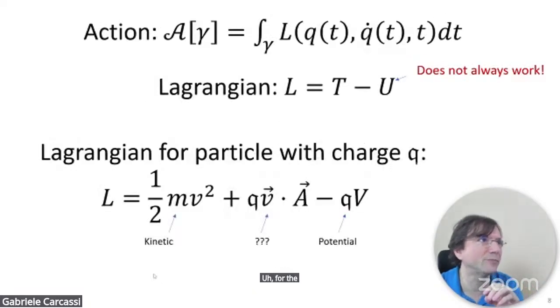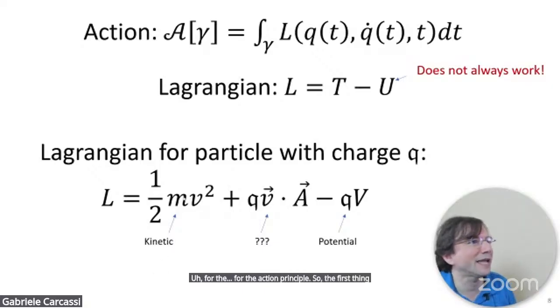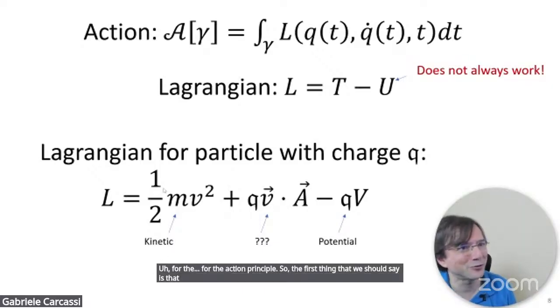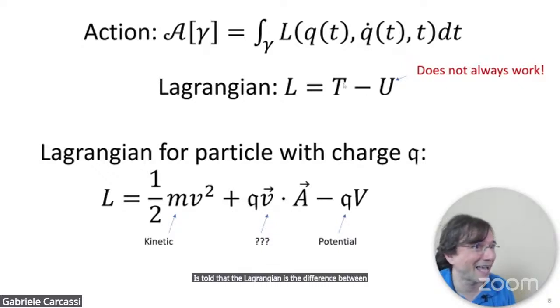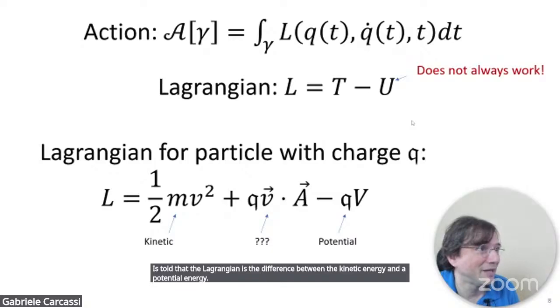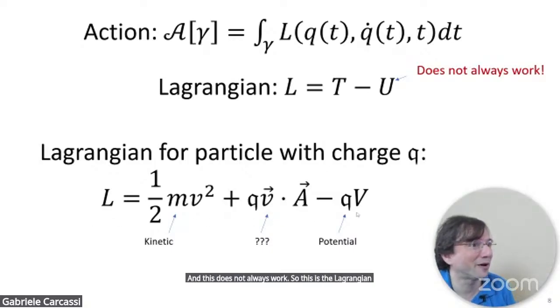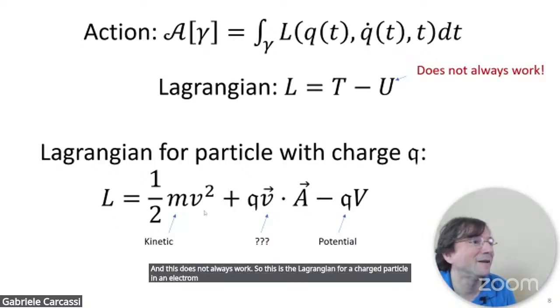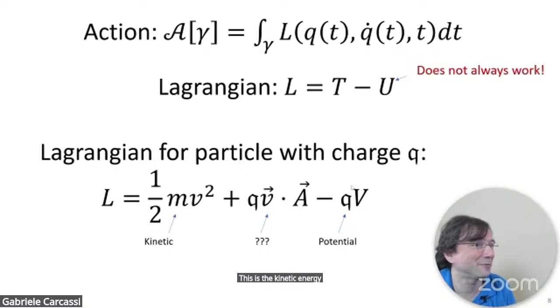It's going to be the same thing that we're going to have for the action principle. So the first thing that we should say is that when somebody is introduced to the Lagrangian, they are told that the Lagrangian is the difference between a kinetic energy and a potential energy, and this does not always work. So this is the Lagrangian for a charged particle in an electromagnetic field. This is the kinetic energy. This is the potential energy.